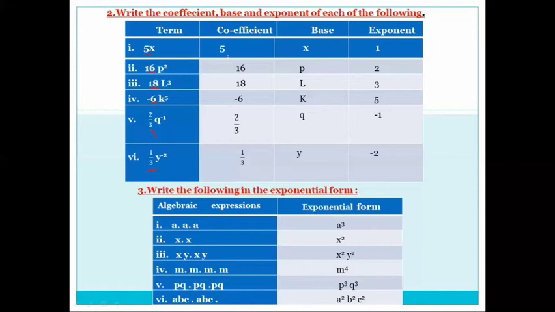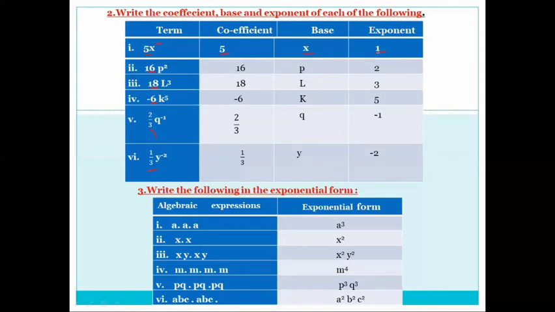So for coefficient, here what is the coefficient in 5x? 5 is the coefficient in 5x power 1. And the variable that is here, we will say it is the base. And the power that is used here, 5x power 1, and 1 will be considered here the exponent.